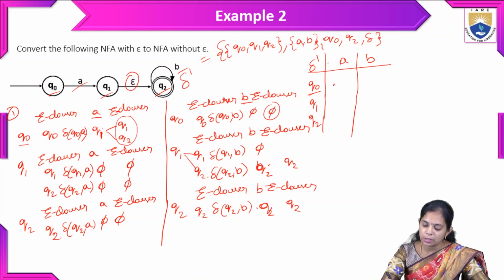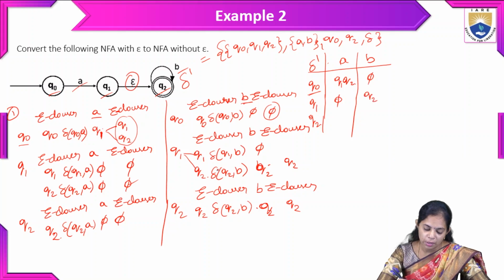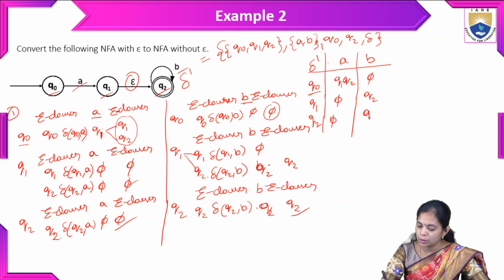So for Q0, what is the result here? Q1, Q2 for the A input, and for the B input we have phi. And for Q1, it has phi for A, and for the B input it has Q2. And for Q2 also, the A input is phi and the B input is Q2.